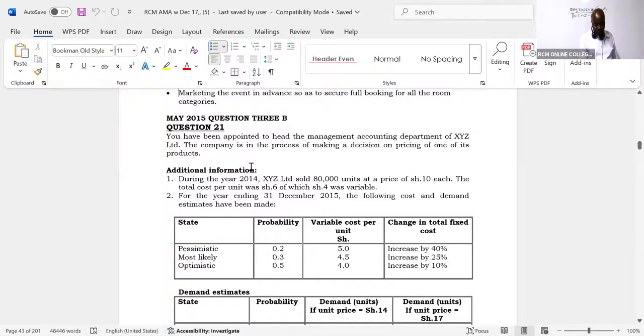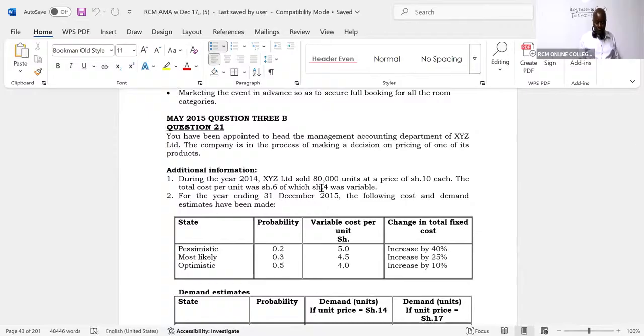Additional information. During the year 2014, XYZ Limited sold 80,000 units at a price of 10 shillings each. The total cost per unit was 6, out of which 4 was variable. So when you see them telling you that, they will not give you fixed cost anywhere.